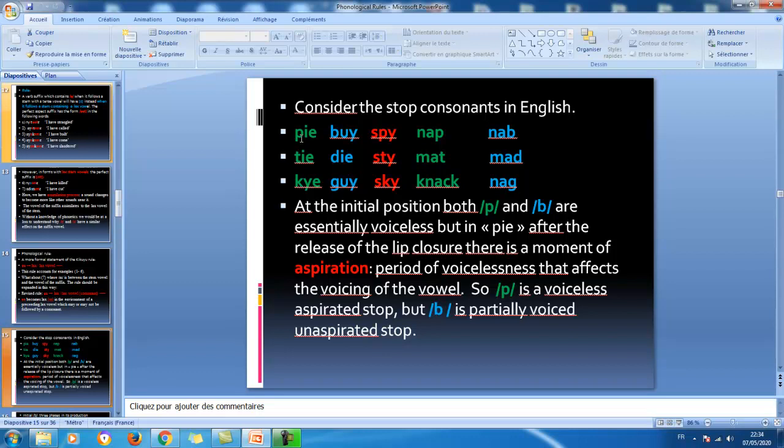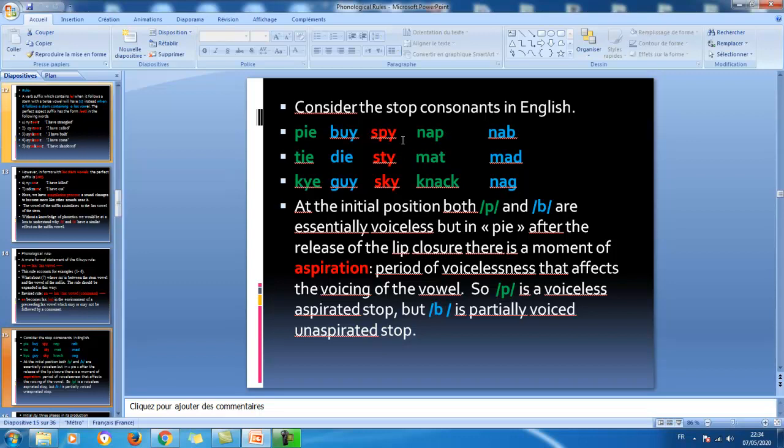We have got them here. P, T, K, voiceless. And here B, D, G. These are voiced. They form one system of sounds, the stops. Here we have got them initial, the voiceless ones and the voiced ones, and here we have got them after S, and here we have got them final: nap, mat, mad, nag.